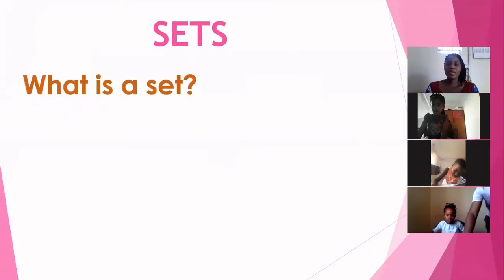So my learners, on your screen, that is the word sets. Our question number 1 will be, what is a set? Are we all seeing that question? What is a set?